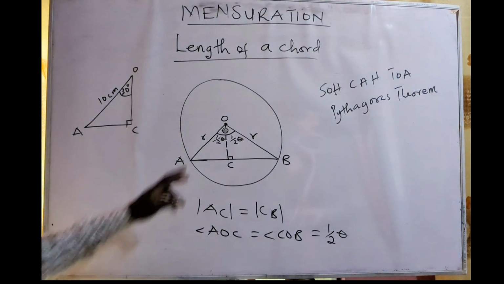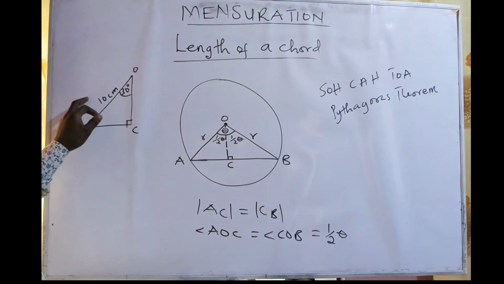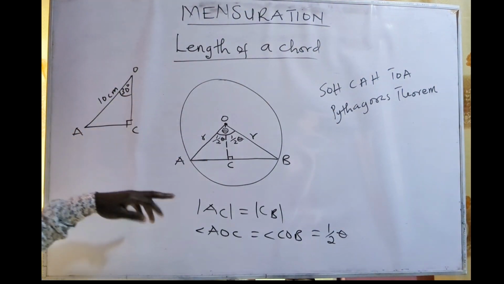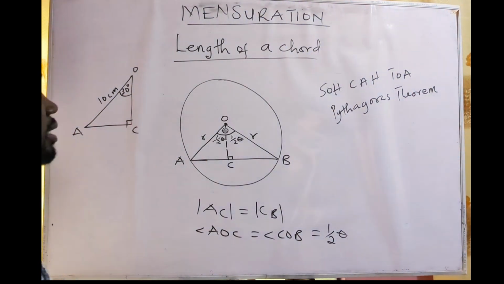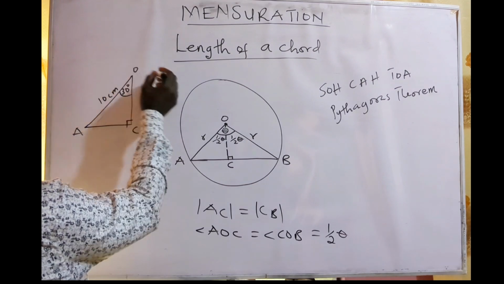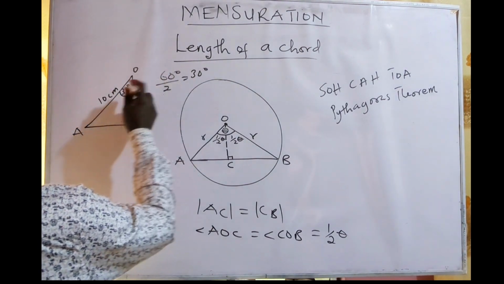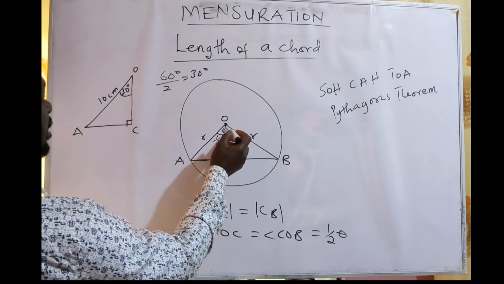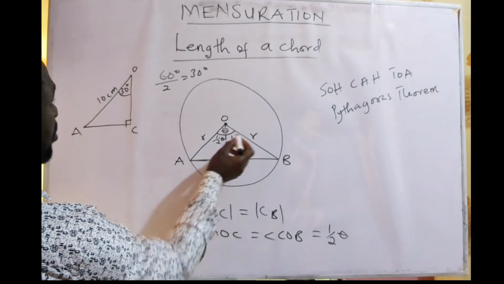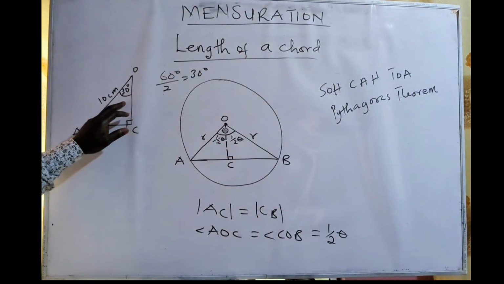So in the question, I was given the radius as 10. I was given the angle at the center as, let's say, 60 degrees. So when I divide 60 into 2, I'll get the 30 degrees, which is here. So I was given this entire angle as 60. So here will be 30 and here will be 30.